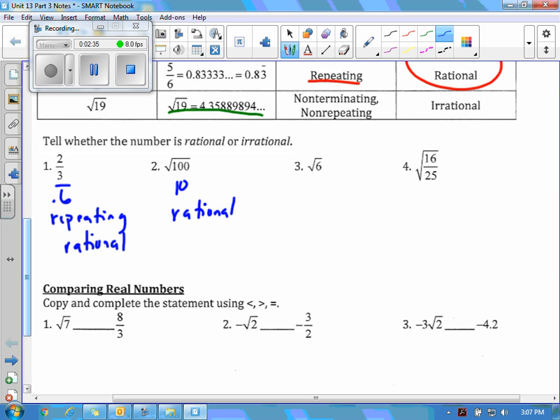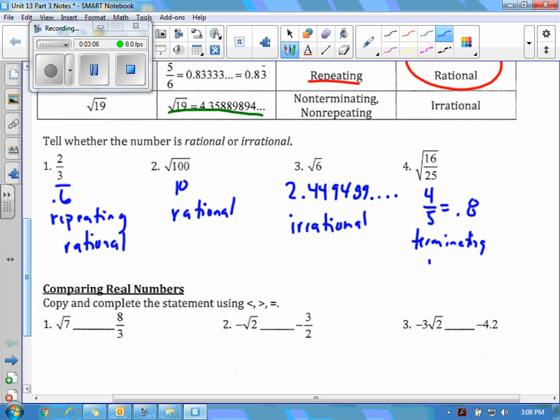For number 3, the square root of 6 is 2.449489, and it just keeps going and going. So that is non-repeating, non-terminating, so it's an irrational number. For number 4, we have the square root of 16 over the square root of 25, which is 4/5. We can make that a decimal, it's just 0.8. So that is a terminating decimal, so we know that it's rational.